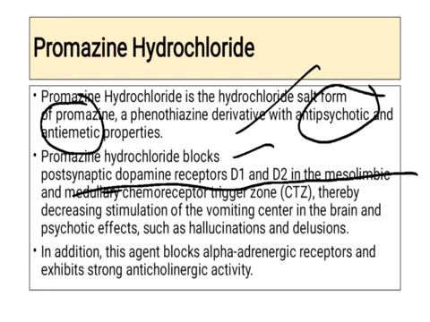Hence, it decreases the stimulation of the vomiting center in the brain, as well as decreases psychotic effects like hallucination and delusion. But it also blocks the alpha receptor and shows strong anticholinergic activity. So what it does, it decreases the stimulation of the vomiting center.